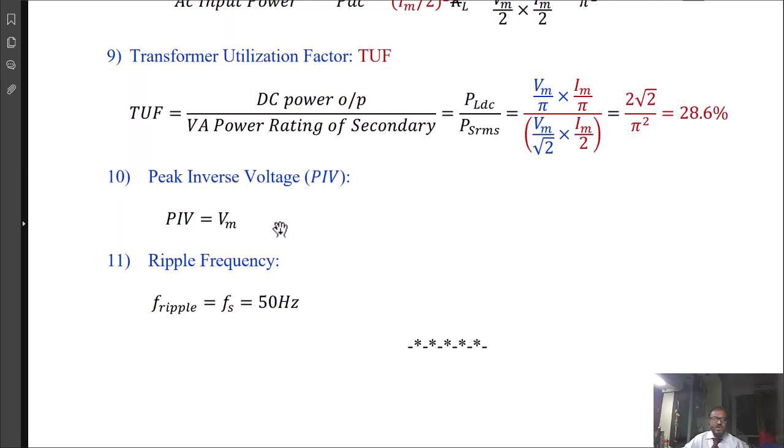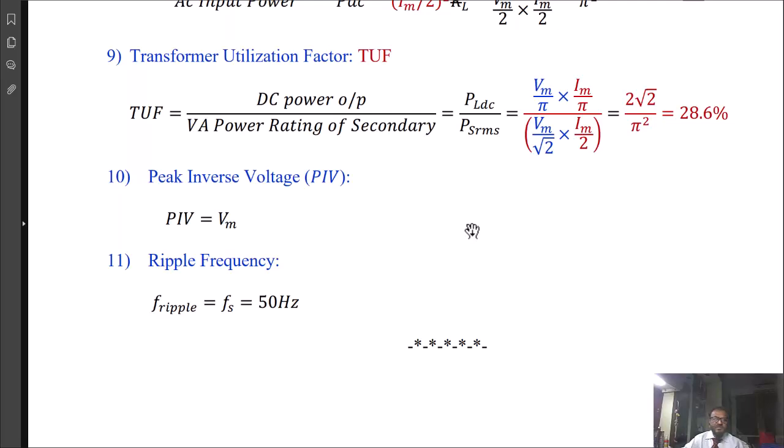And therefore, to avoid damage to the rectifier diode, always while selecting the diode for rectifiers, the PIV rating should be satisfied. Here in this case, the PIV rating of a diode should be more than Vm, the maximum reverse voltage in our circuit.